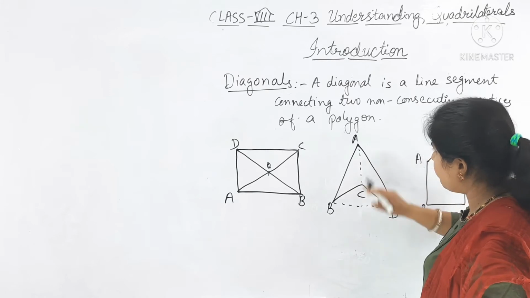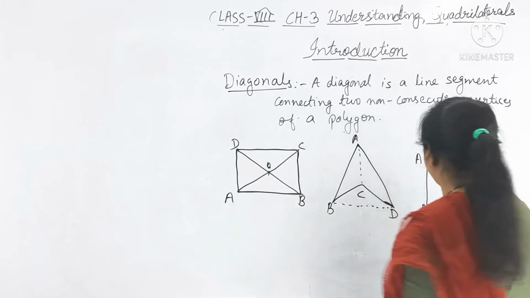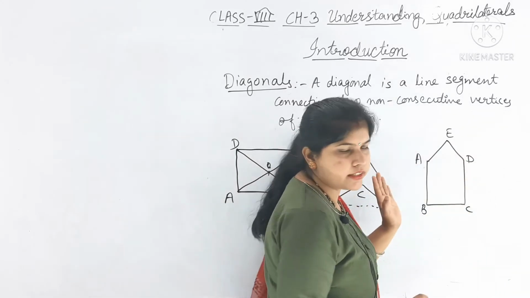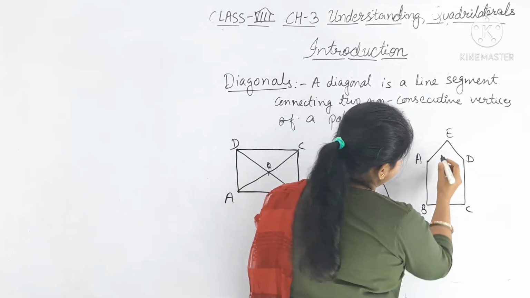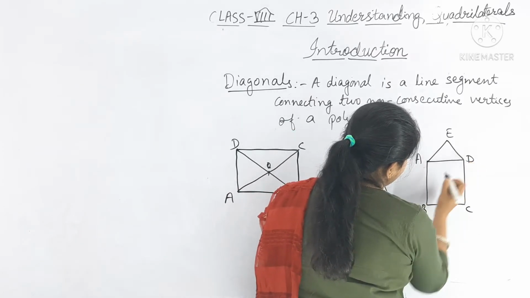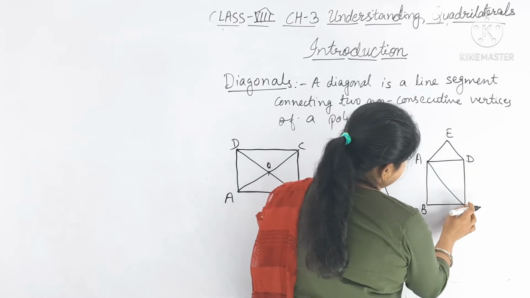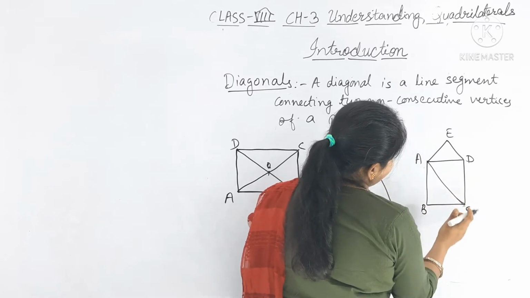In the next point I will explain this curve also. This is a concave polygon. Okay, here it is a pentagon, 1 2 3 4 5 sides. So here the maximum diagonals will be made, like AD, AC. Okay, these are the non-consecutive vertices.